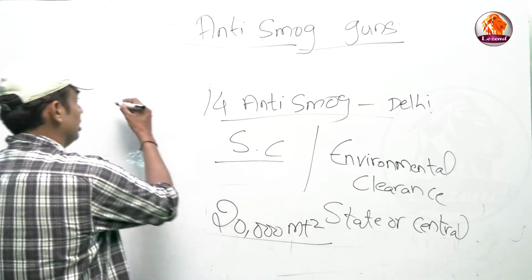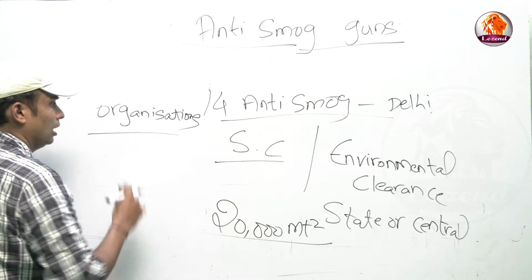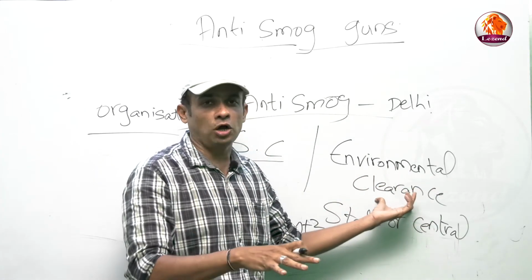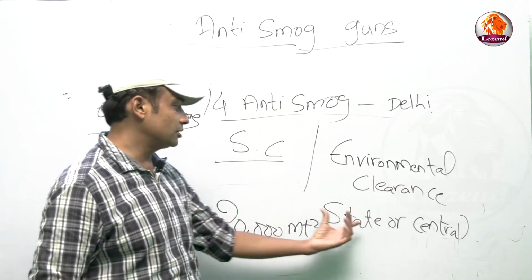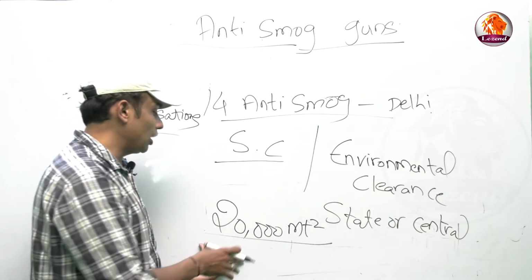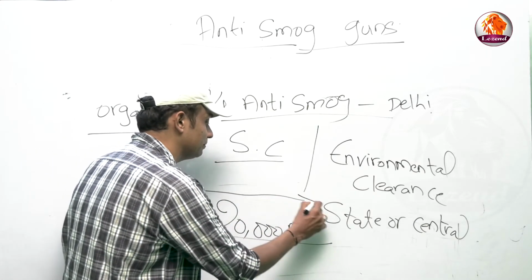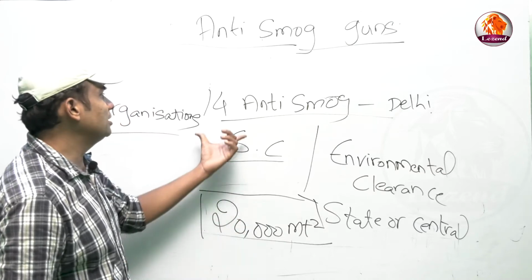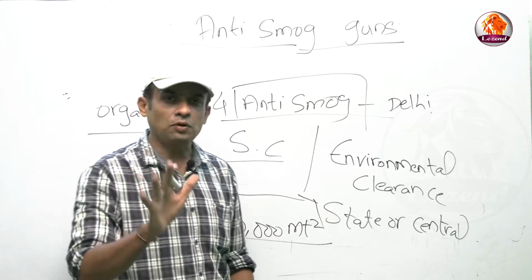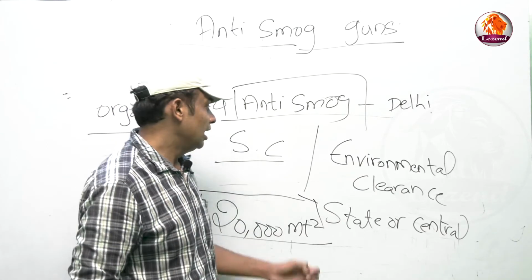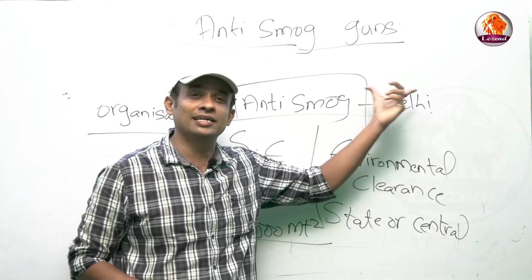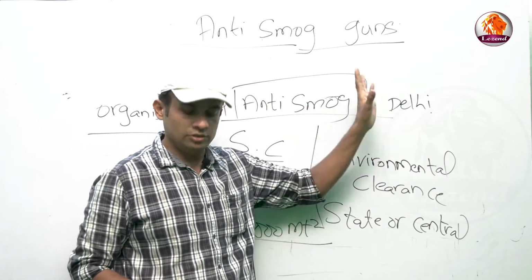The organizations which need environmental clearance from the state or central government and occupy an area of 20,000 square meters need to install anti-smog guns in their premises. That was the ruling from the Supreme Court, and following that, 14 anti-smog guns have been installed in Delhi. That's why it is in the news.